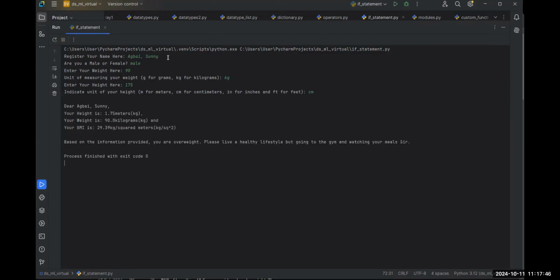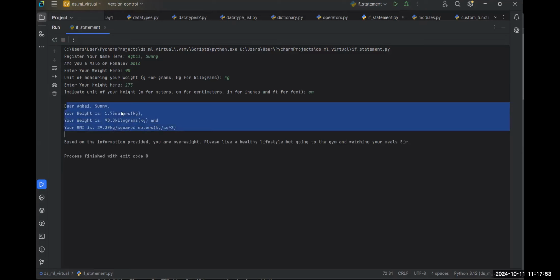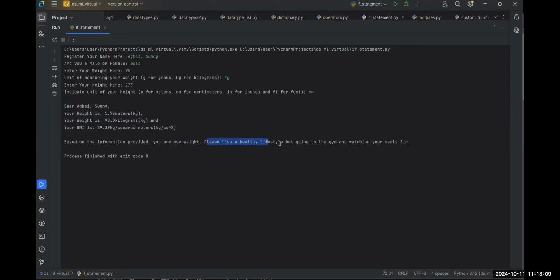So we now have our results here: Dear Agbai Sonny, your height is this, your weight is this, then your BMI is 29.39. Based on the information provided, you are overweight. Please live a healthy lifestyle. This should be done by going to the gym and watching your meals, sir.